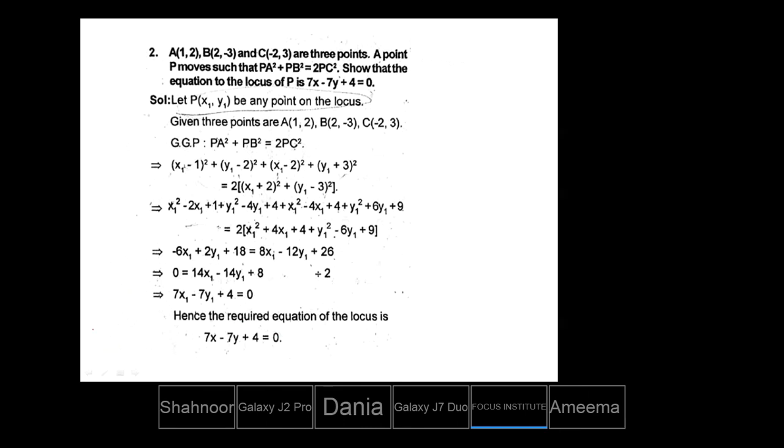So what is given to us? A, B, and C are given to us. And what is P? P is nothing but x1 comma y1. So PA square plus PB square is equal to 2PC square is already given. That is the condition.